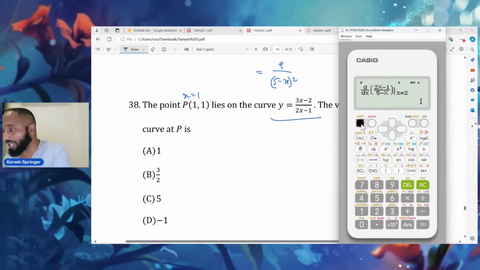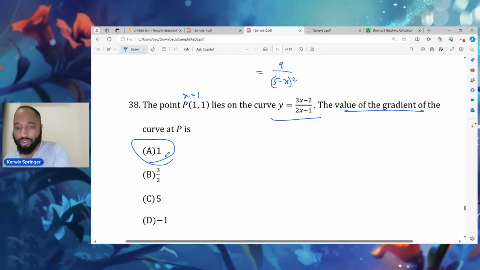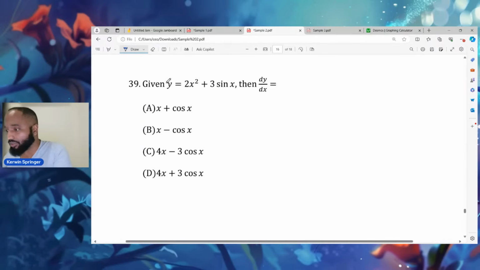I'm doing this from the start. Shift that fraction, 3 alpha x minus 2 all over 2 alpha x minus 1. Put x equal to 1, press equal, and you get the answer 1. The gradient is 1. Good stuff, right? And you can differentiate it and do the long way to find out for sure.